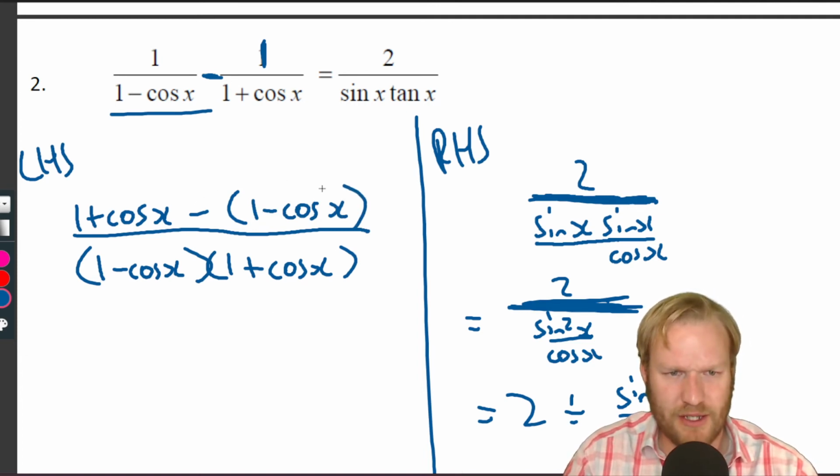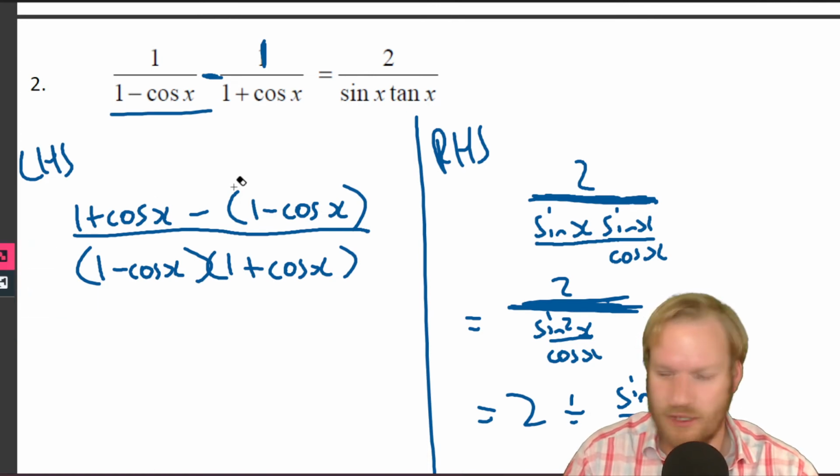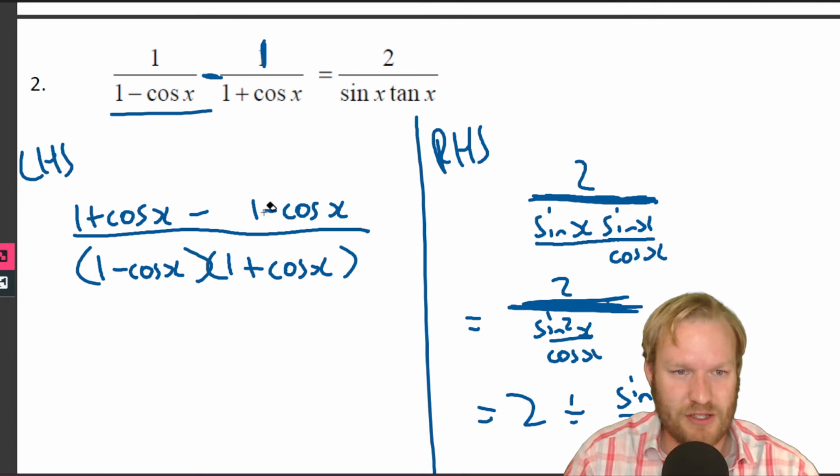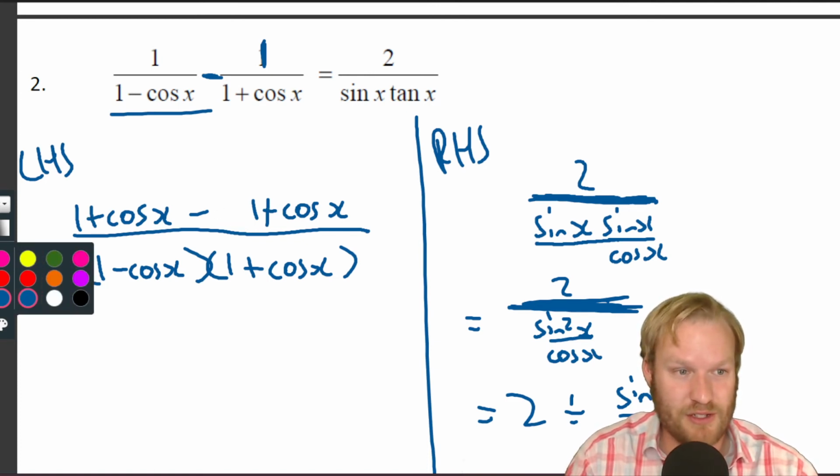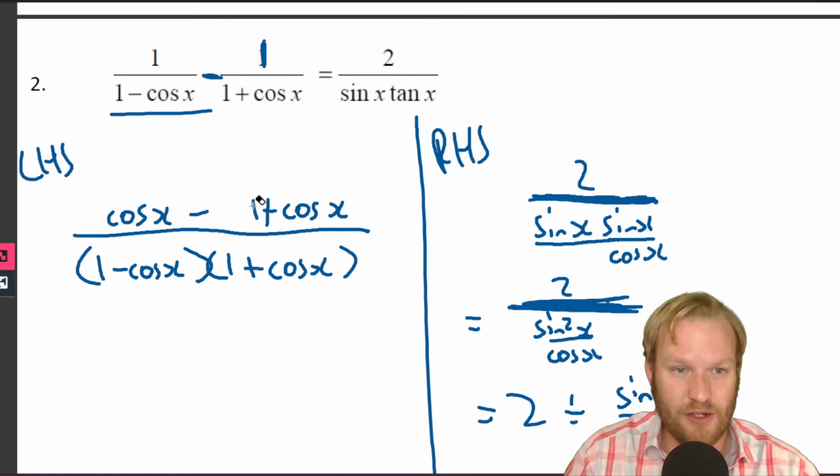Okay, so if we multiply the minus into the brackets, then I'm going to be a little bit lazy over here and say, well, that's going to be like that, and that's going to become a plus. Okay, 1 minus 1, that's going to cancel out conveniently, so 1 minus 1.